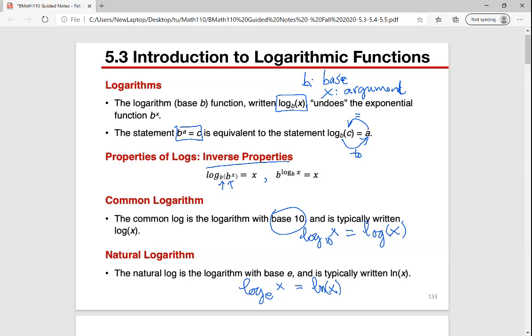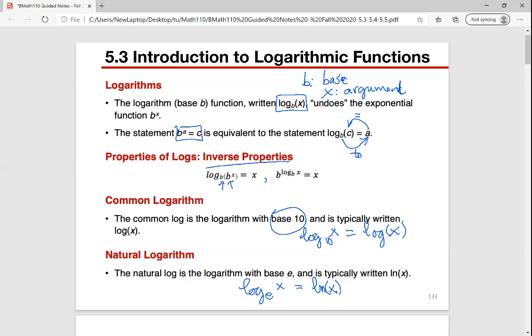One thing you have to keep in mind for the log function is that x is always greater than 0.